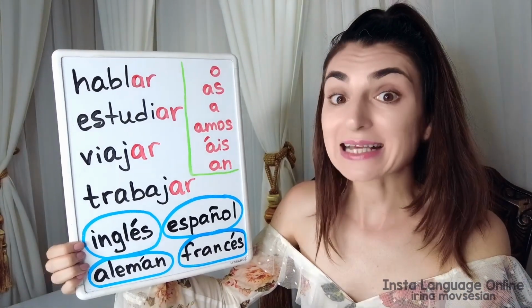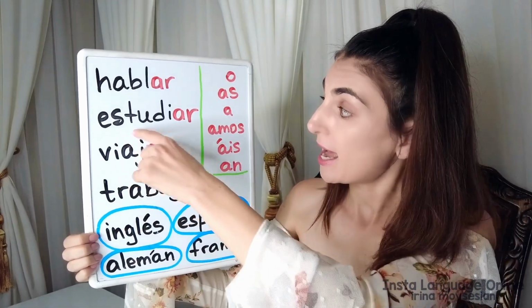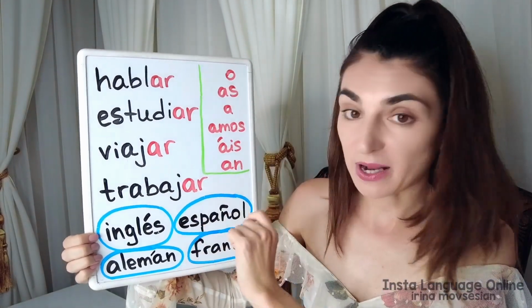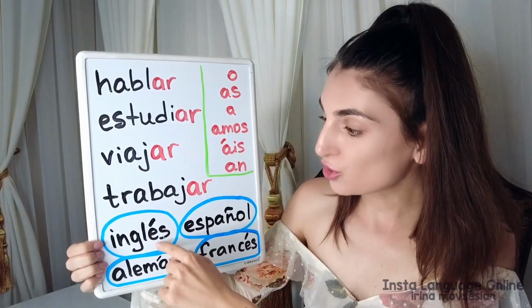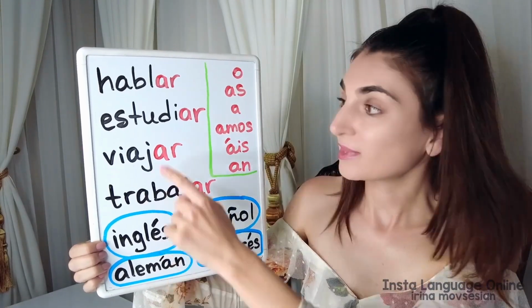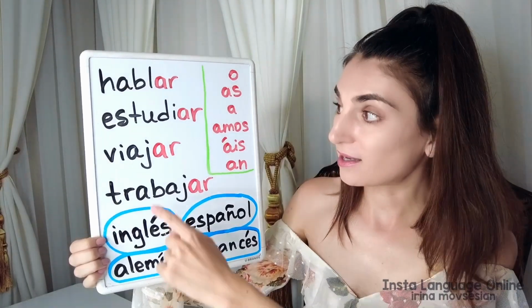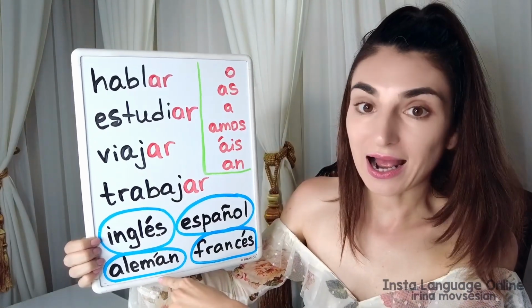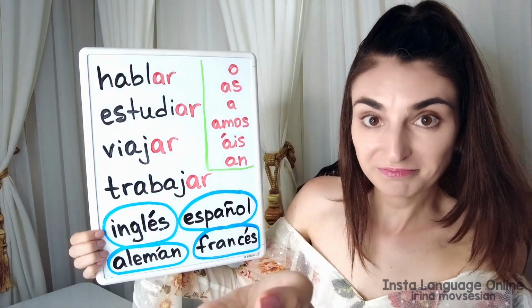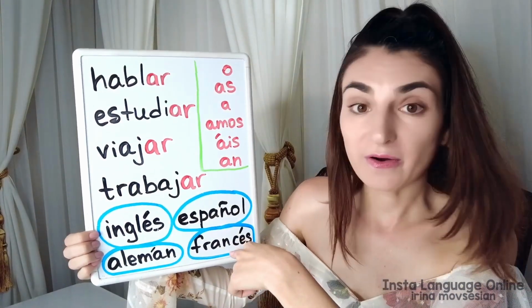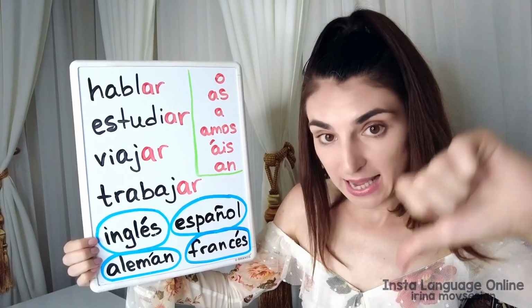You can also say, I study Spanish. Estudio español. I study English. Estudio inglés. I study German. Estudio alemán. I study French. Estudio francés. Negative.